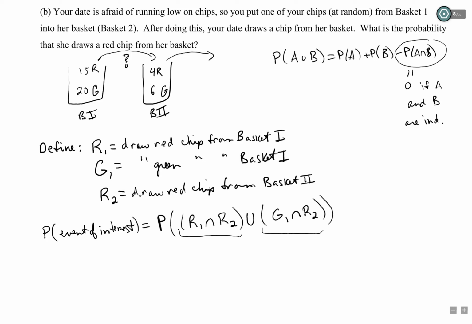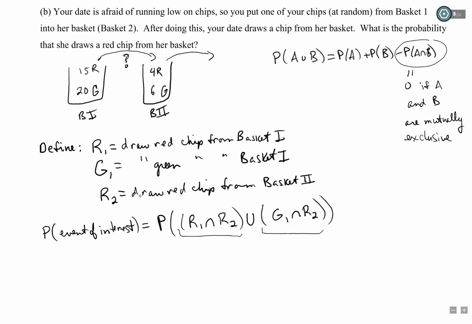Pardon me, it was too early. That is 0 if A and B are mutually exclusive. Please forgive me. If A and B are mutually exclusive, then that is 0. Alright?